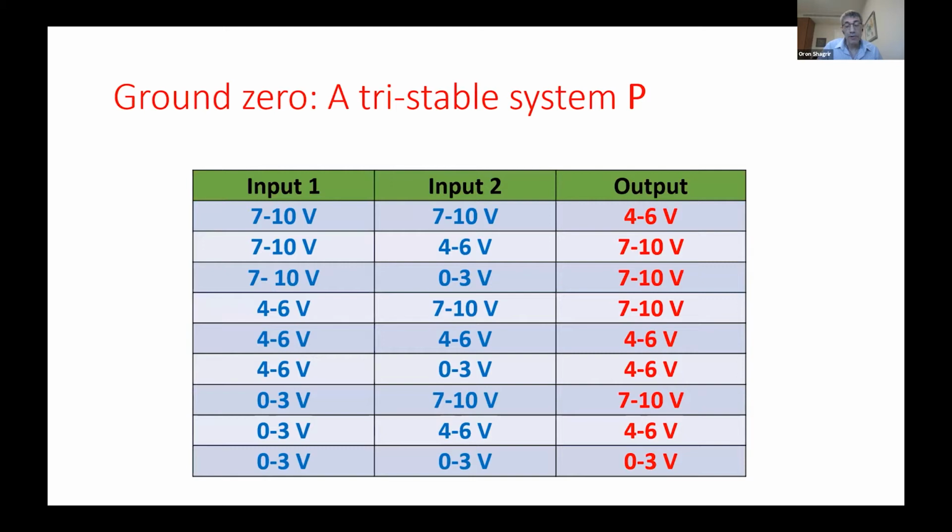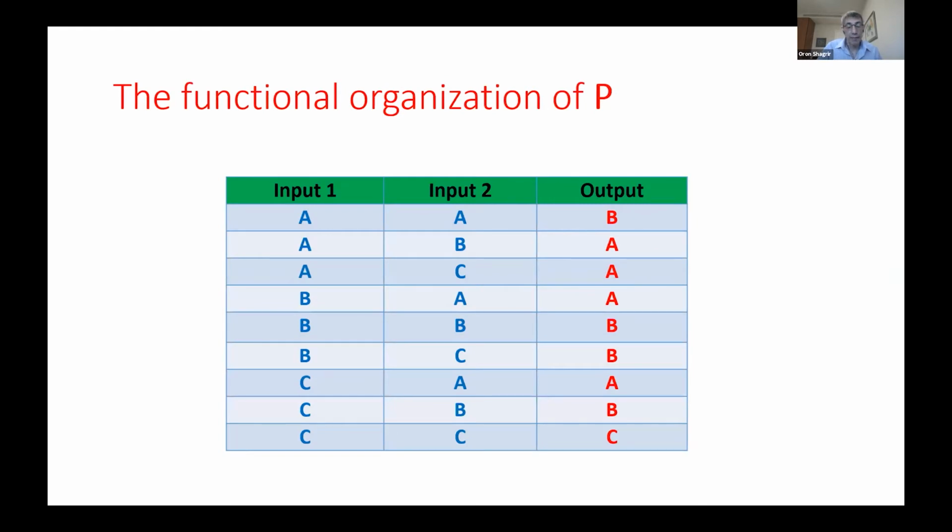Now we can abstract from the physical properties and, for instance, assign the abstract state A to 7 to 10 volts, B to 4 to 6 volts, C to 0 to 3 volts, something like this. And then what we get is this table.